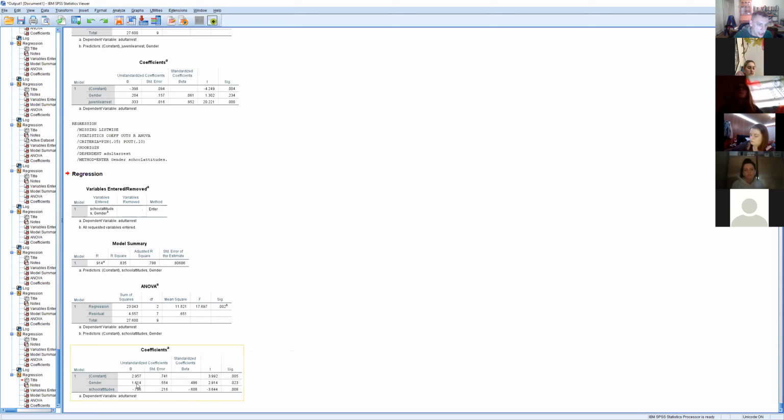We can assess here also, what I didn't mention, the standardized beta coefficients. We can make comparisons on which is stronger. We can make an apples to apples statistical comparison. And school attitudes turns out actually to be stronger than the effect of gender, because it's a negative 0.608.